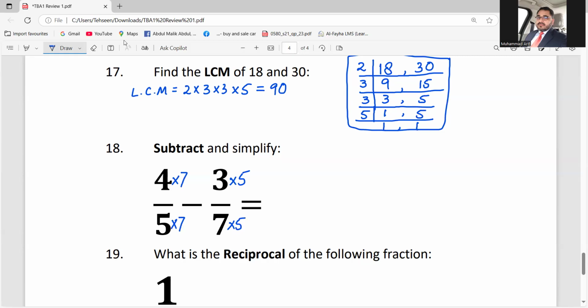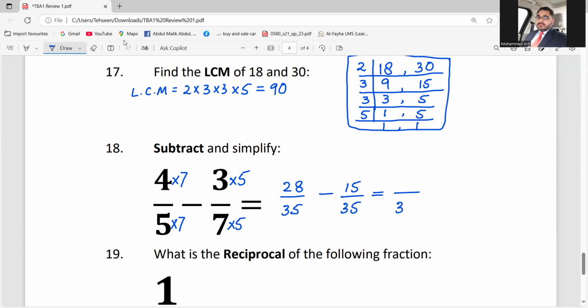Now, here 4 multiply 7 is 28, divided by 5 multiply 7, 35. Minus 3 multiply 5 is 15, divided by 7 multiply 5, 35. Now you can see here in the denominator 35, 35. The LCD is 35.